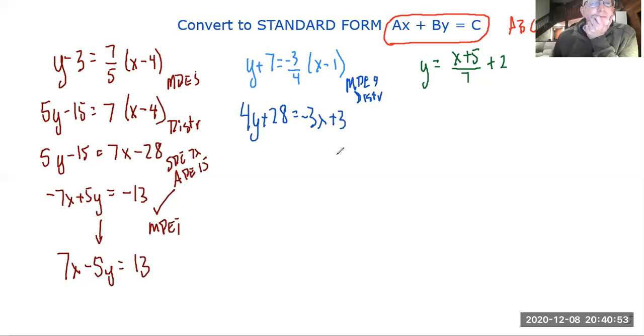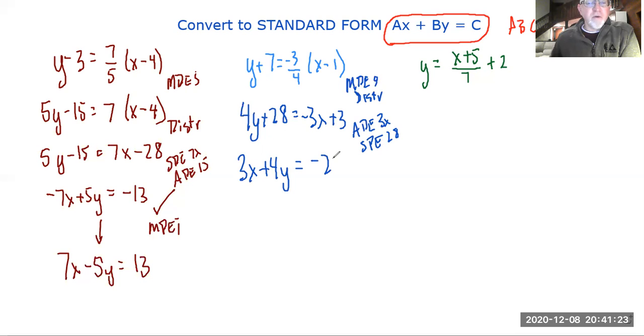All right. Then I'm going to move the 3x to the other side. So we're going to APE 3x. And maybe at the same time, I'll SPE this 28. Subtract the 28 from both sides. All right, so we wind up with 3x plus 4y, moving the 3x to the left side. And the 28, we're subtracting.